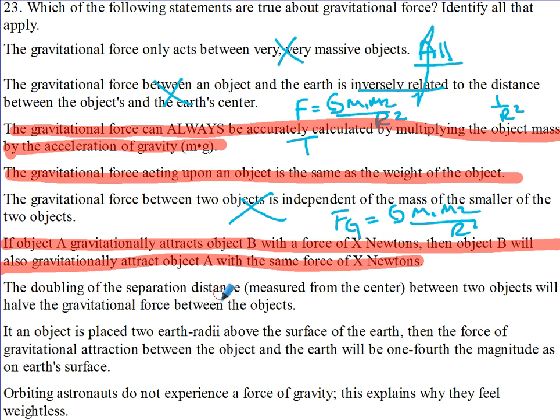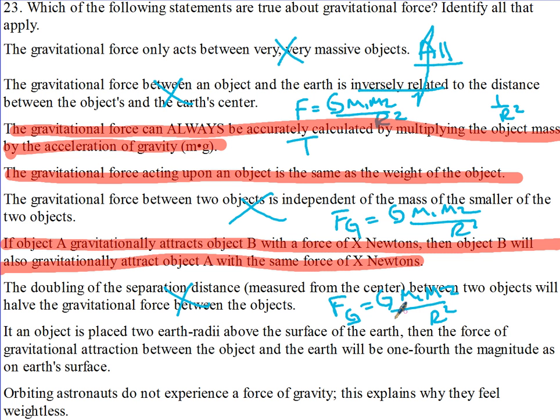The doubling of the separation distance between objects will halve the gravitational force between two objects. No! Fg is G M1 M2 divided by R squared. So let's look at this.